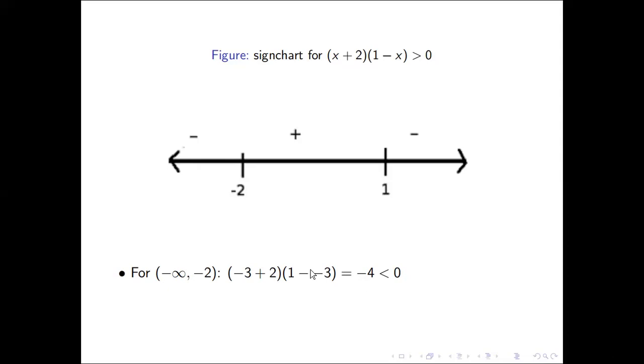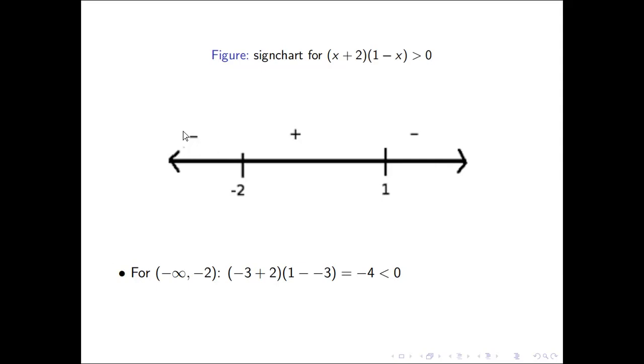You just have to know the sign for each factor. So this will be negative, and this will be positive. A negative times a positive is a negative. So we have a negative for the subinterval here. Put a minus sign on top of that subinterval.